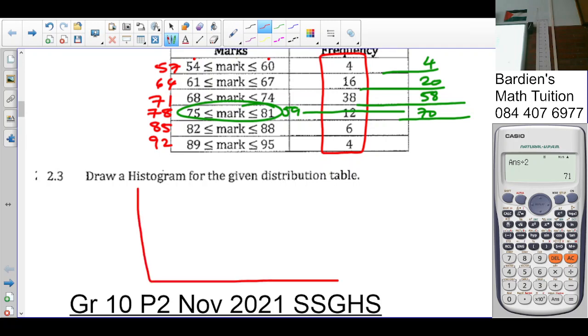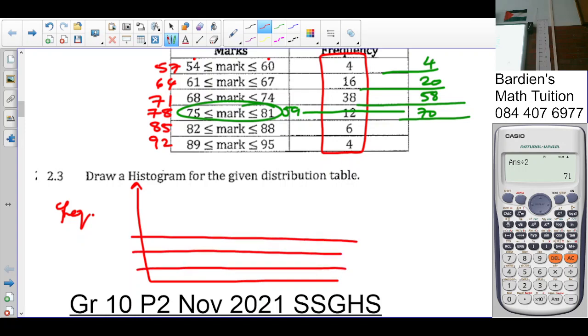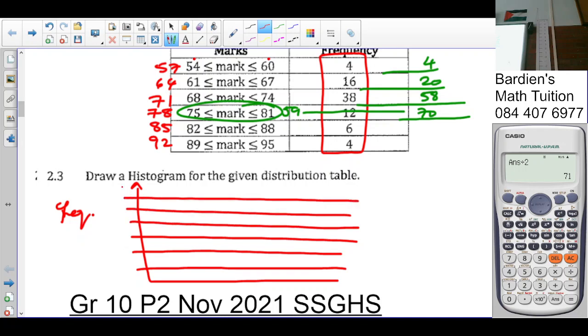On your y-axis goes your frequency. The highest value here is 38. So you will go 5, 10, 15, 20, 25, 30, 35. Okay, so it is just short. And let's just put 40 here.